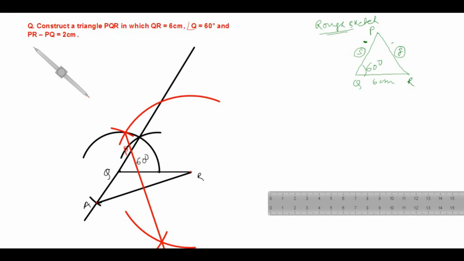So this is the point P, and now join point P to R. When you join point P to R, you will get the required triangle PQR. Okay. The required triangle is your PQR.